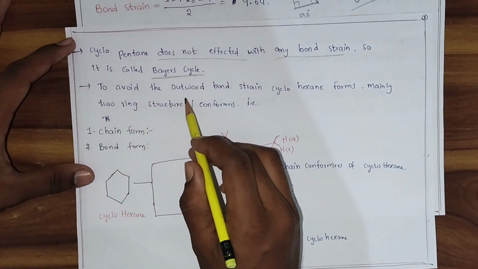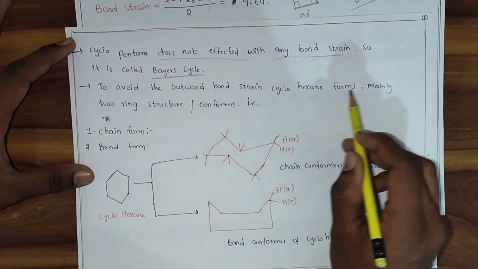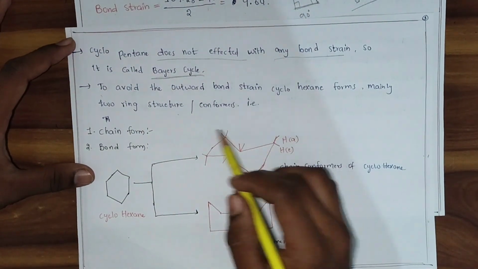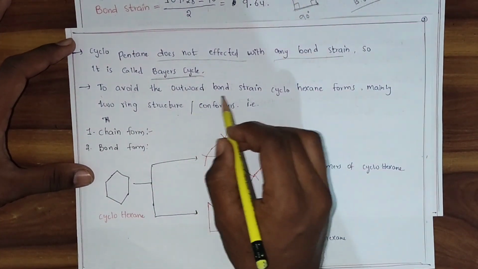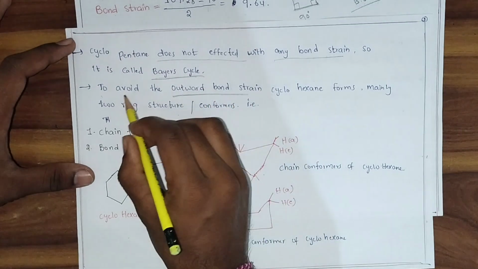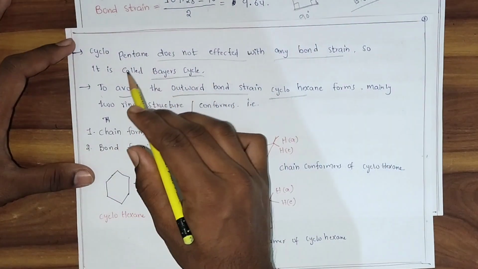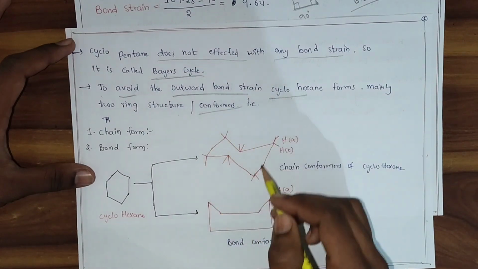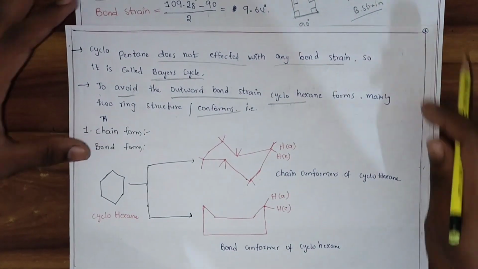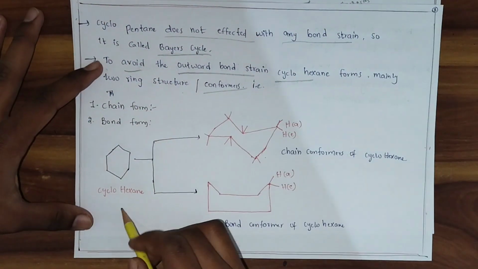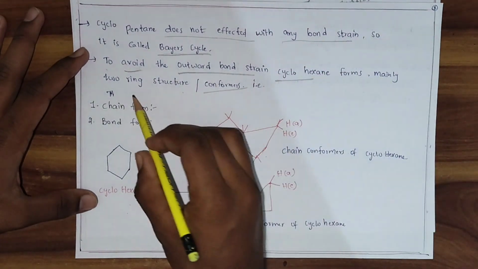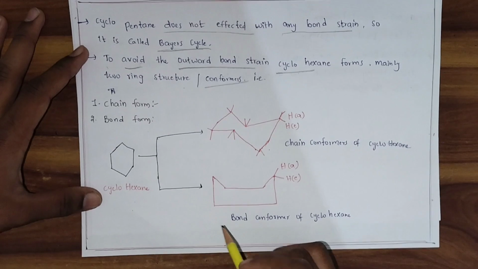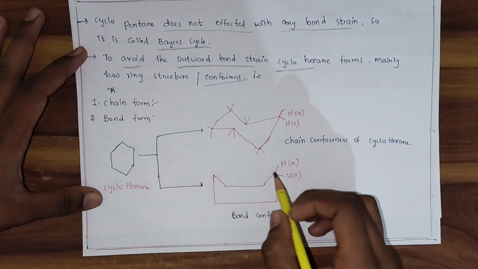To avoid the outward bond strain, cyclohexane forms mainly two ring structures or conformers. They are the chair form and the boat form.